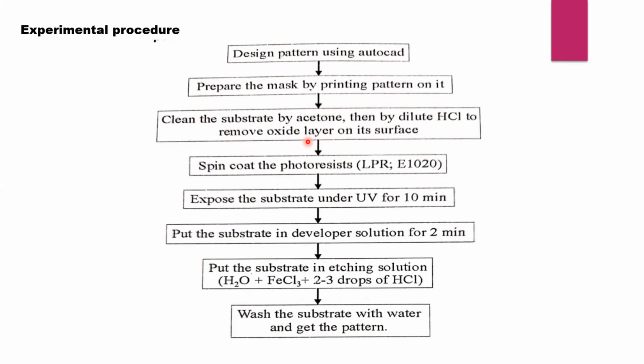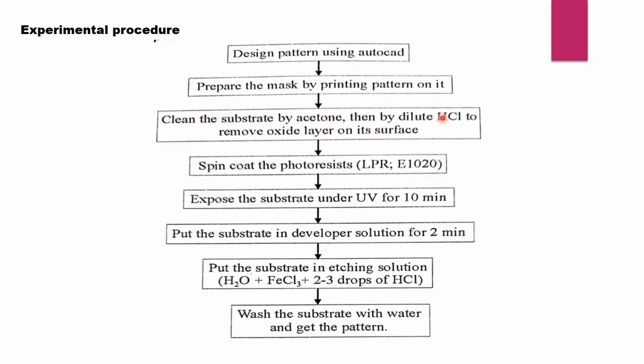You have to remove the oxide layer, for which we have to rinse the silicon substrate, which is free of the impurities after rinsing by acetone, with dilute HCl. When we rinse with the dilute HCl, whatever oxide layer is present on the surface of the silicon substrate is wiped out.